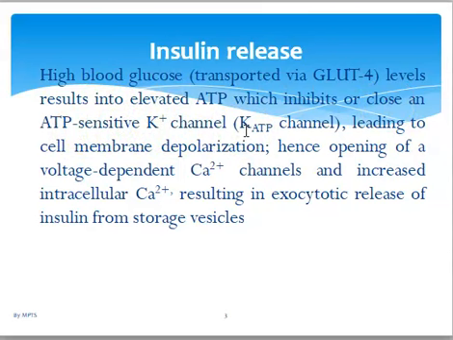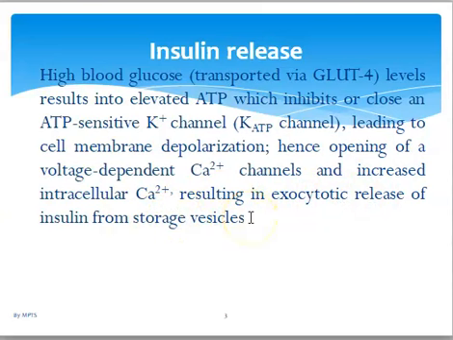Most of them will say they activate these channels, leading to cell membrane depolarization. Hence, this leads to opening of the voltage-gated calcium channels and an increase in intracellular calcium. This increase in intracellular calcium results in exocytotic release of insulin from the stored vesicles.